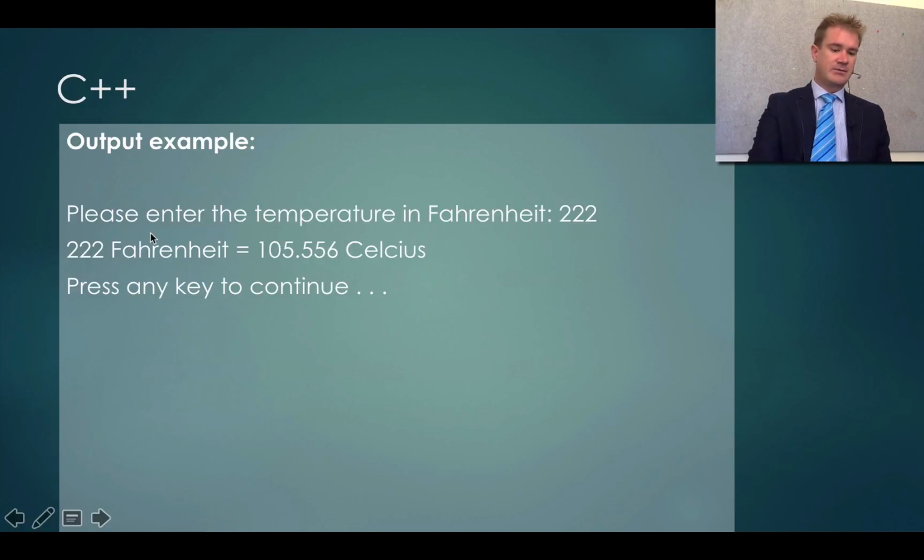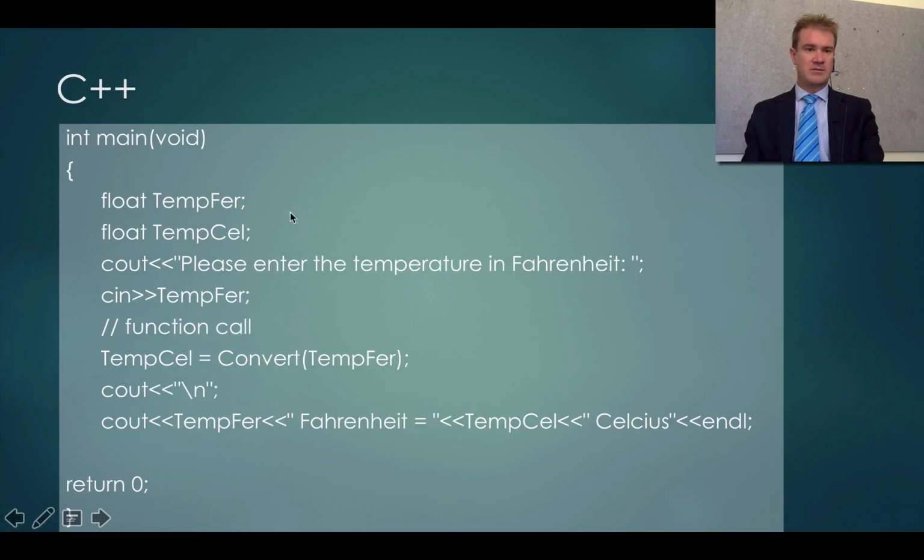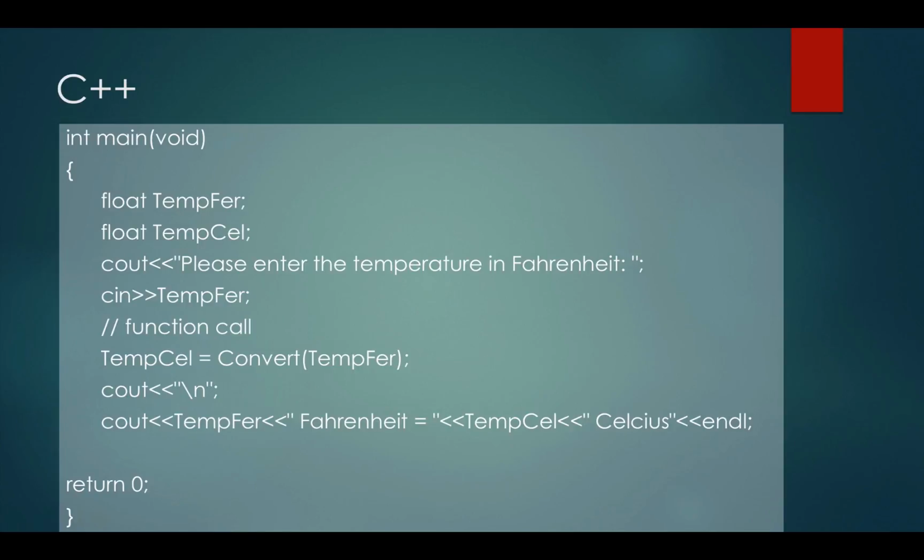Let's have a look at another language, C++. And this time we're going to be looking at basically converting, a similar kind of thing. Please enter the temperature in Fahrenheit, and then we want this in Fahrenheit equals this in Celsius. So how do we do it? We've got our method, and we've got our int main void.